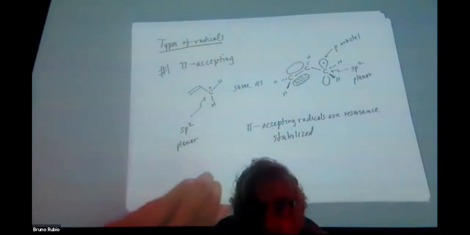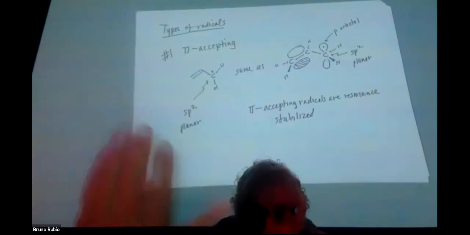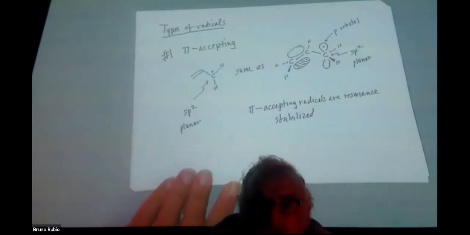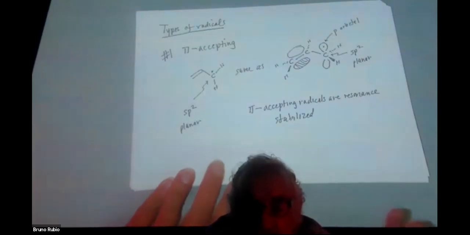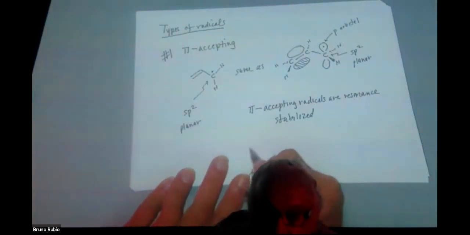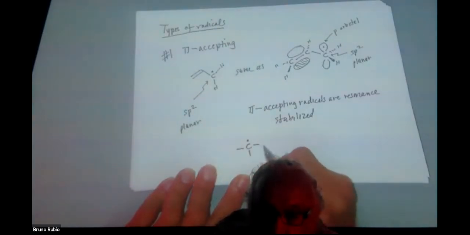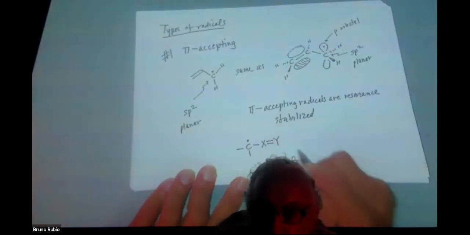So we're going to get into resonance structures for radicals. And the two most common motifs that you see for pi accepting radicals would be the following. You have the radical dot sitting next to a multiple bond.